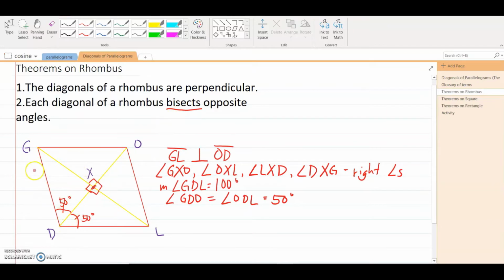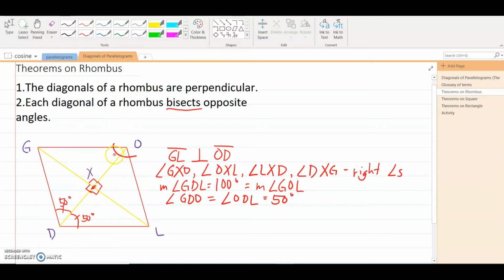So, if GDL is 100, the opposite of this angle is also 100. So, kung yung angle GOL, equal din siya dito. The measure of angle GOL, because they are opposite angles.